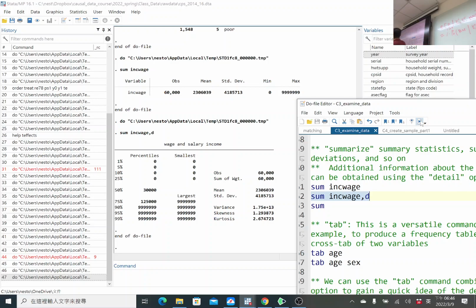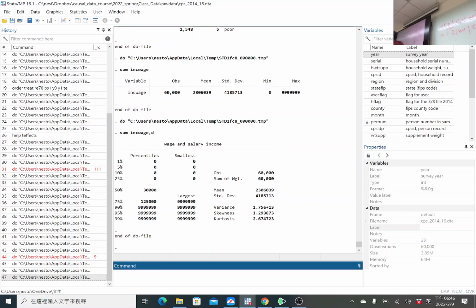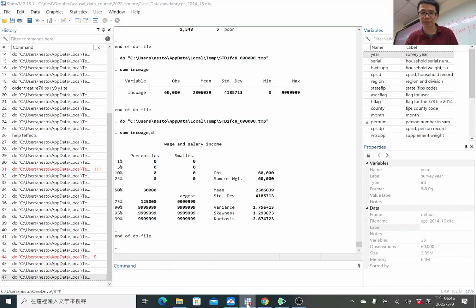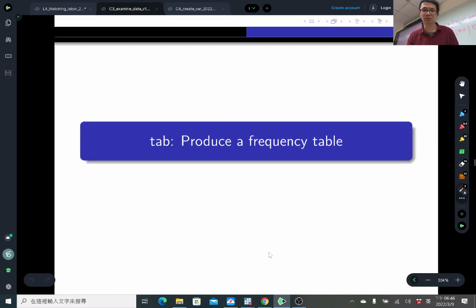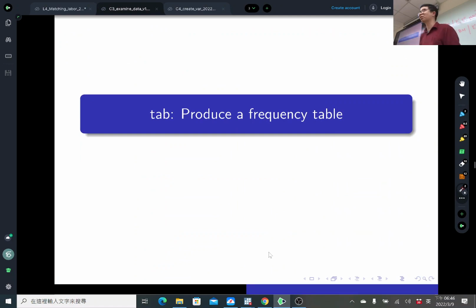For example, what's the median, the 50% percentile of that variable, the 99% percentile, and variance, skewness, something like this. That's something you will get. Okay. Any question for this?